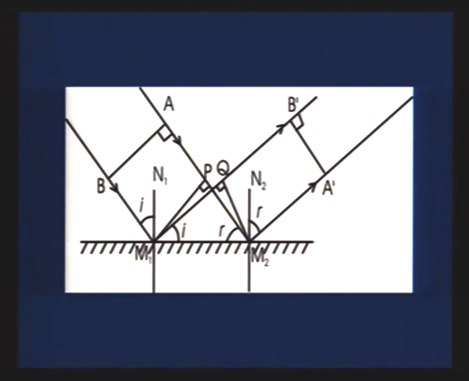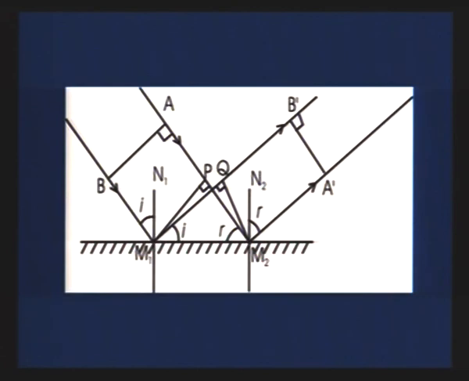M1P and M2Q are the wave fronts at the time of incidence and at the time of reflection. In this diagram you can take two triangles, M1PM2 and M2QM1, to prove angle I is equal to angle R, that is, angle of incidence is equal to angle of reflection.